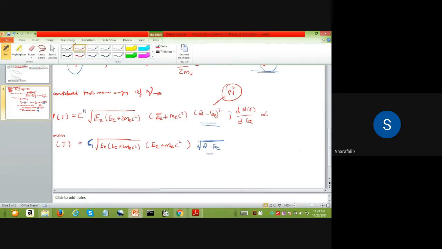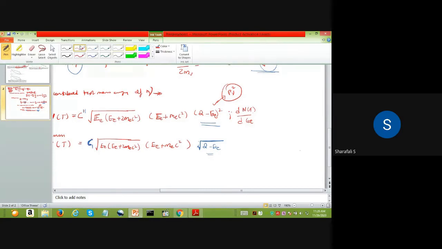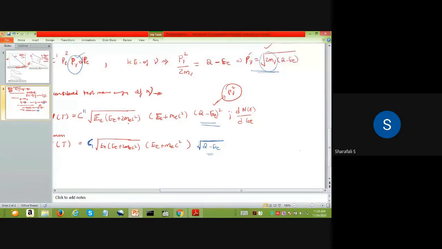So if you take the differentiation, what will it be? You have to look at this portion. In the first case, dn by dE, there will be some constant. If you want, you can consider these terms, or you can neglect all those things and consider only the final term.